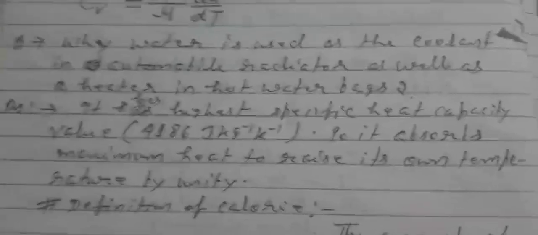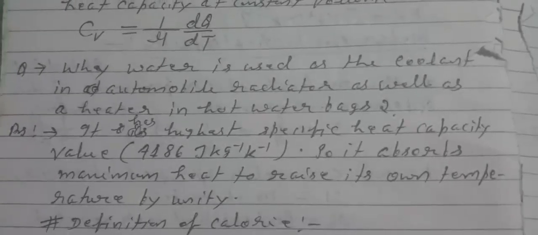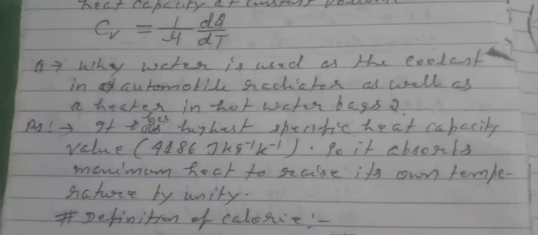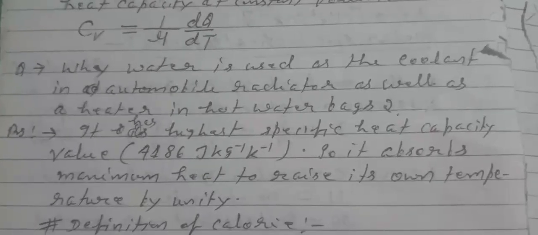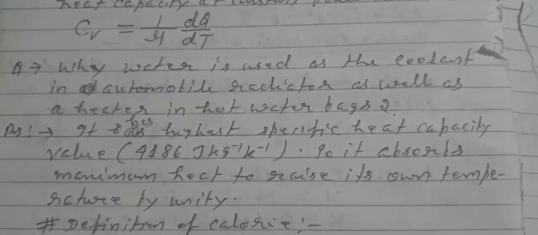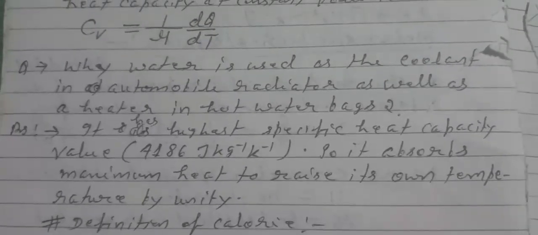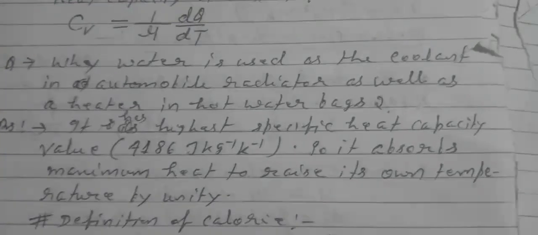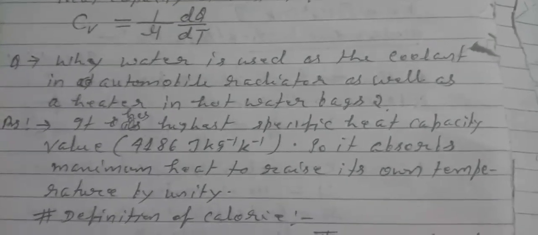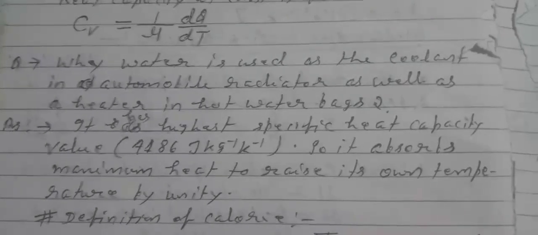Question: why is water used as the coolant in an automobile radiator as well as a heater in hot water bags? Answer: it has the highest specific heat capacity value, that is 4186 joule per kg per Kelvin.